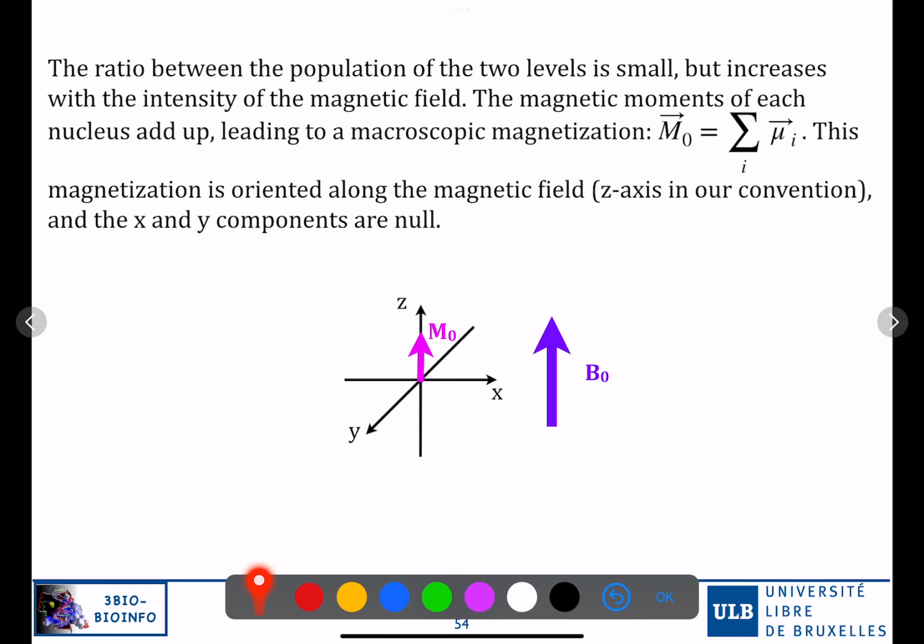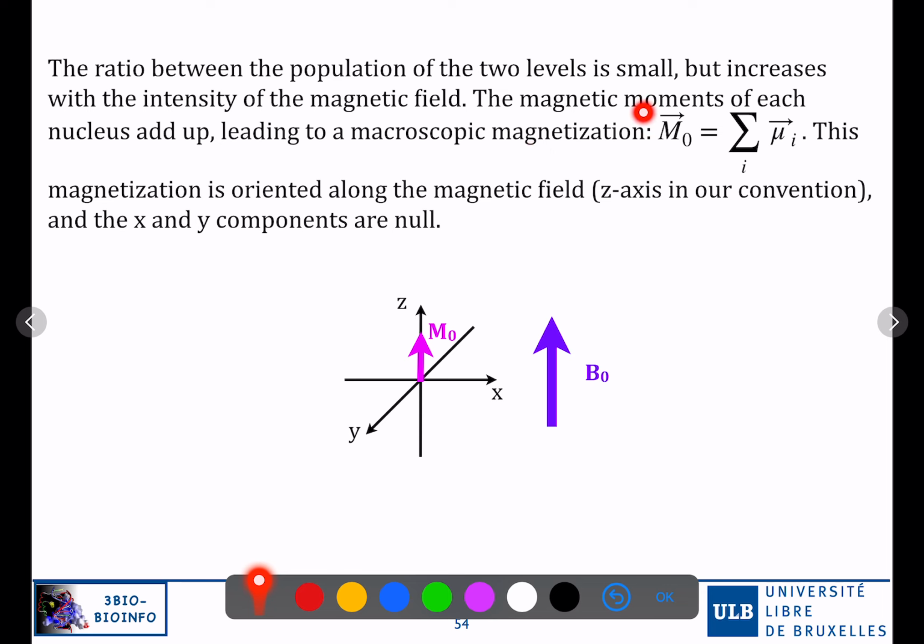So we have seen that there are different energy levels, and finally what we will see is that, because you have a difference between the energy of the two levels and a different population in the two levels, you will finally observe a macroscopic magnetization.